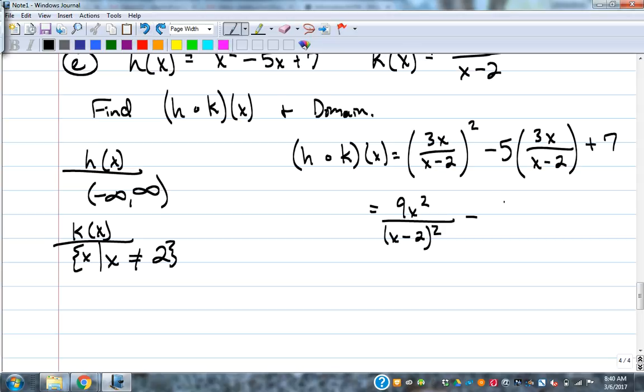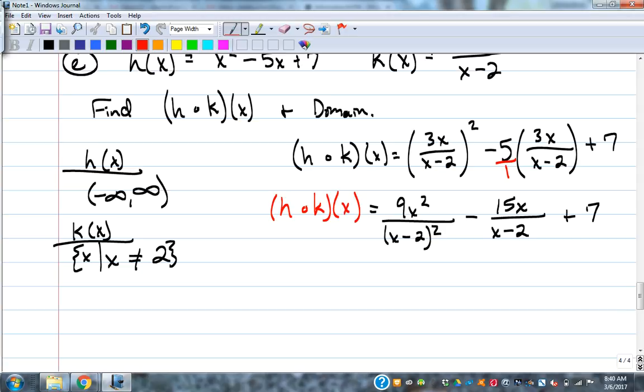Not really going to get much better looking from here. But let's go ahead and, why didn't you do 5 with x minus 2? Because it's 5 over 1, it's a fraction. So top times top, bottom times top.